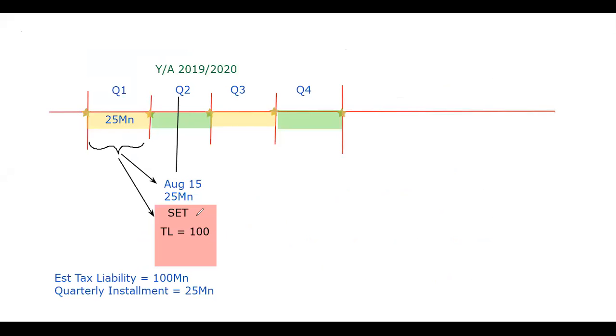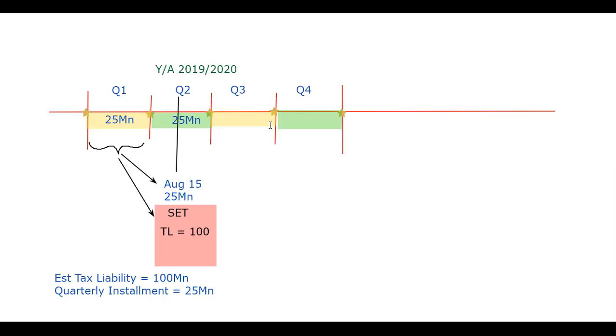You need to submit the SET form by declaring 100 million as the tax liability. Then you will pay 25 million each quarter. Then on the 1st of February you realize that the tax liability has decreased due to this COVID situation, right?